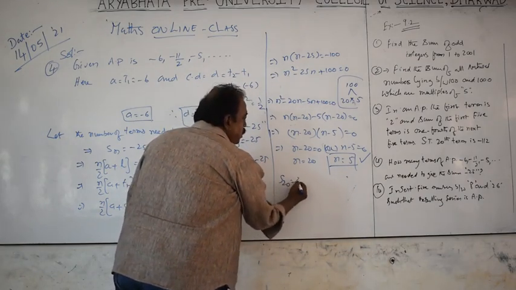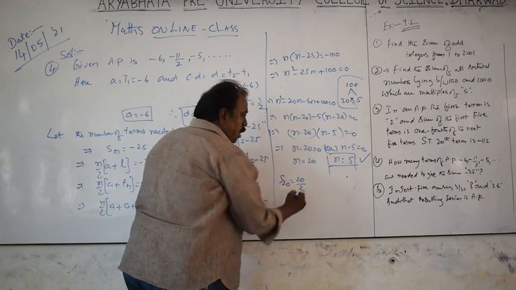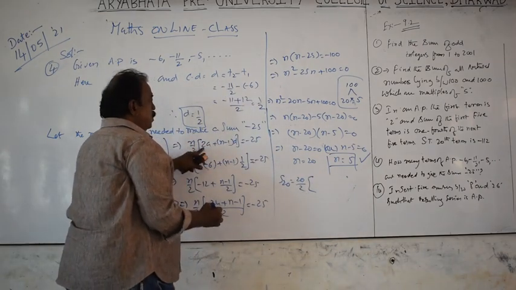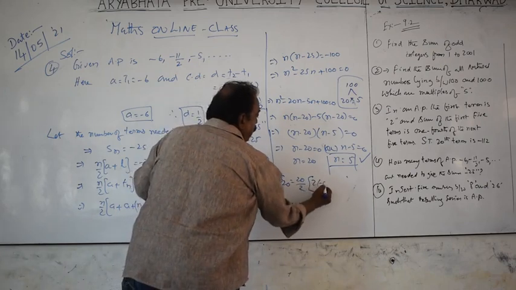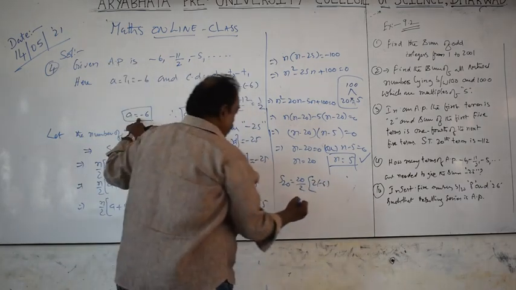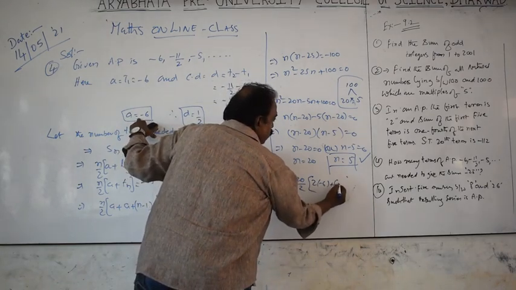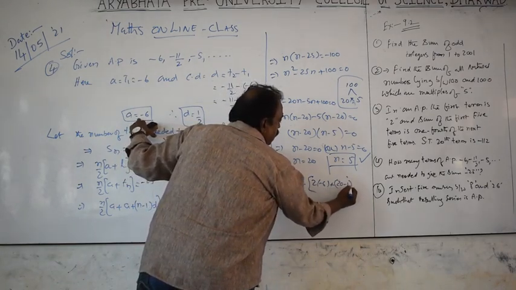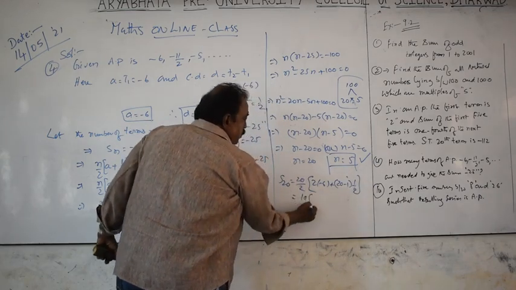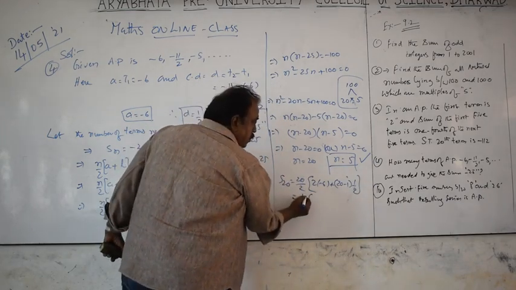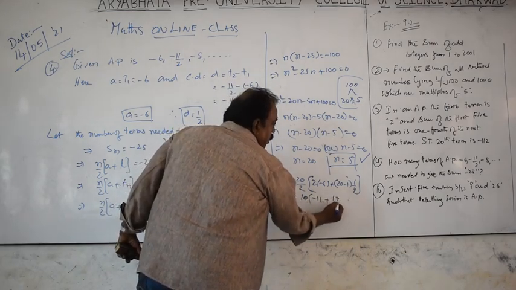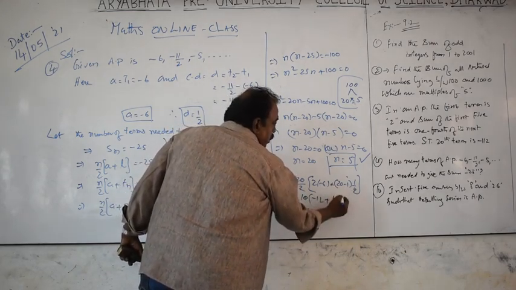Yes, 20 is n, so 20 by 2, using this formula: 2 into a, a is minus 6, plus n minus 1, that is 20 minus 1, into 1 by 2. It is 10 into minus 12 plus 19 by 2.